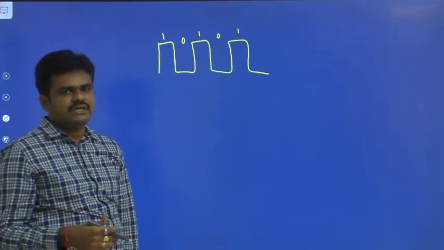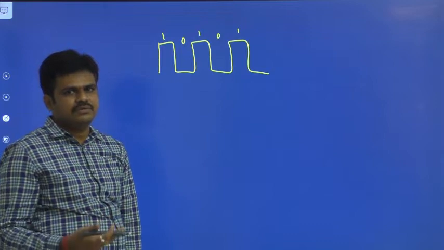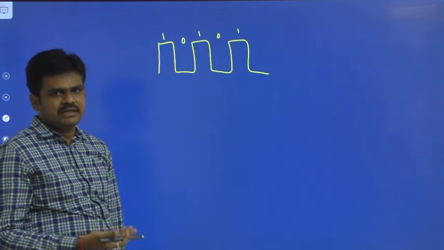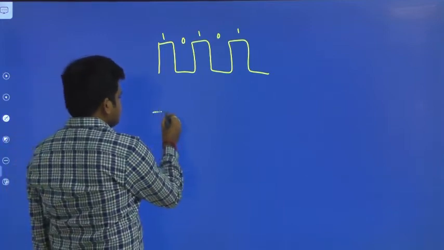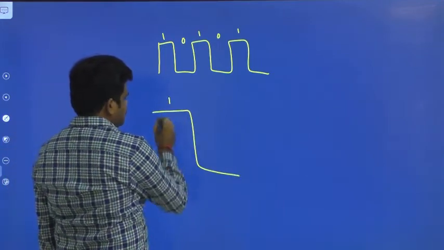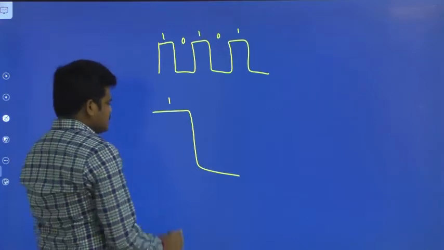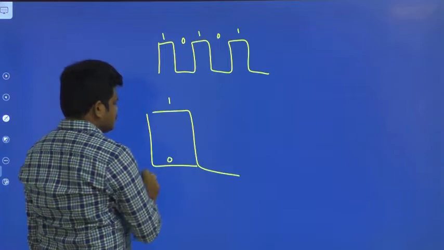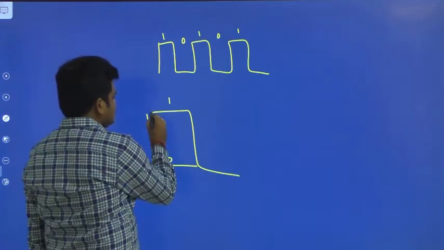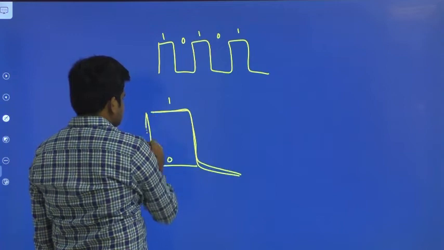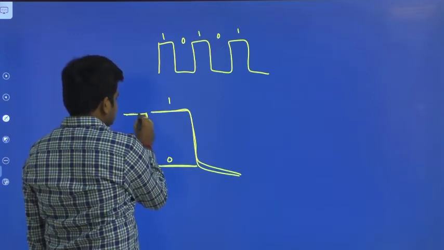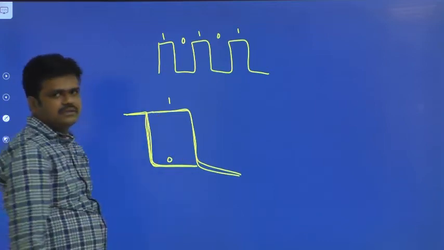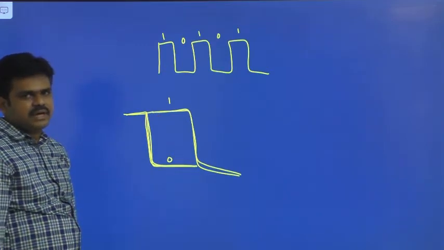We try to watch the overlapped figure of the number of bits coming from the transmitter. So for example, say this is logic 1 and this is logic 0. If you observe, it is looking like a square.